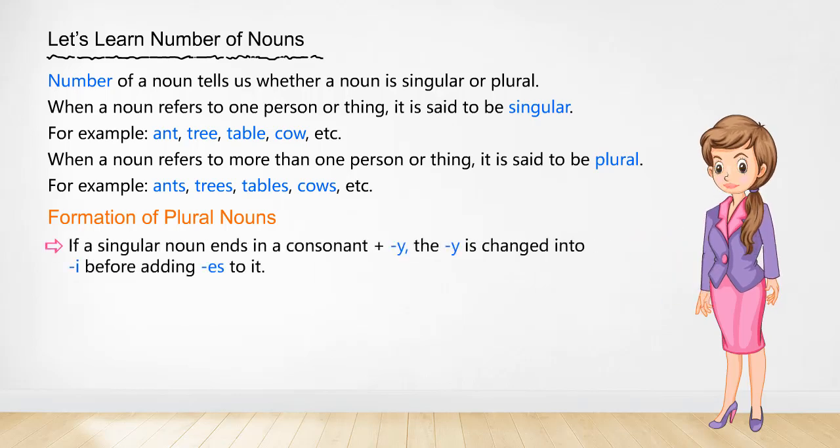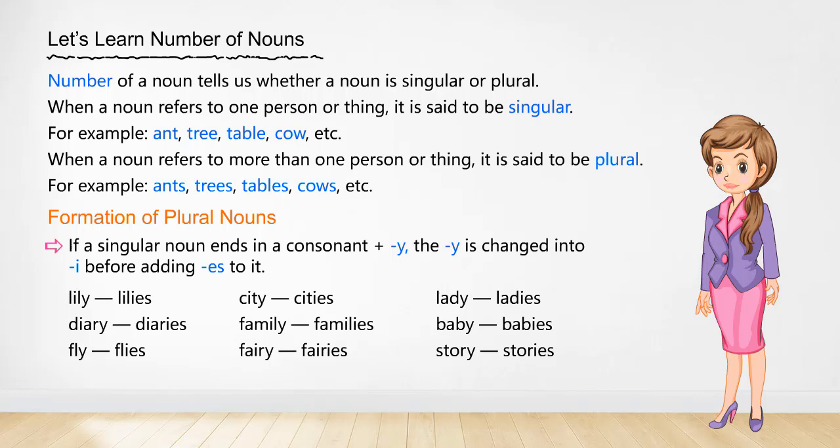If a singular noun ends in a consonant plus y, the y is changed into i before adding es to it. Lily, lilies; diary, diaries; fly, flies; city, cities; family, families; fairy, fairies; lady, ladies; baby, babies; story, stories.